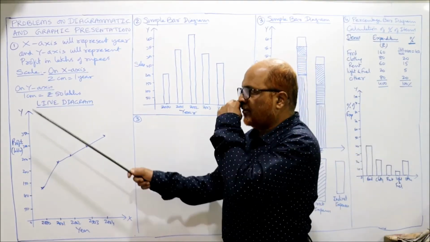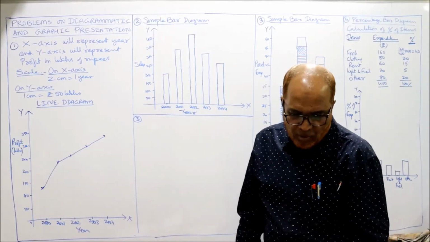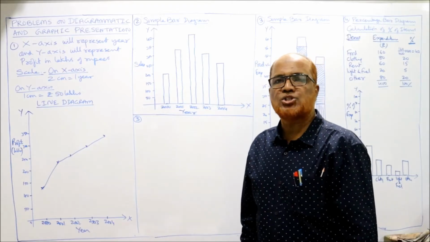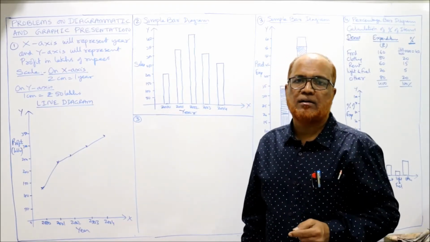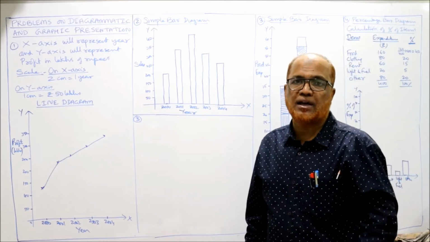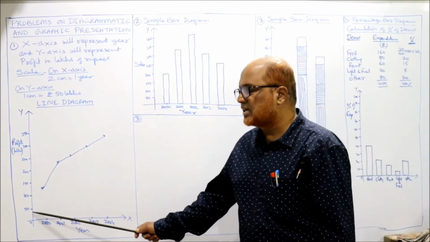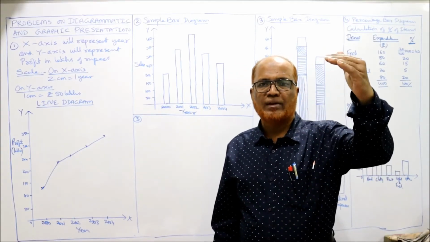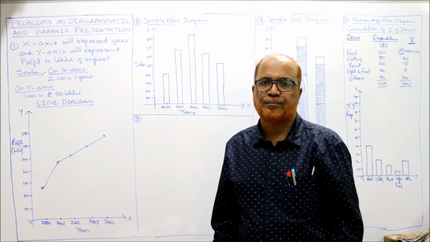On the y-axis 1 centimeter is equal to 50 lakh. Why have I taken 50 lakh? Because the highest profit was 310. I cannot take 1 centimeter equal to 1 lakh, as I would require 310 centimeters. If I take 1 centimeter equal to 50, then 50, 100, 150, 200, 250, 300, 350.